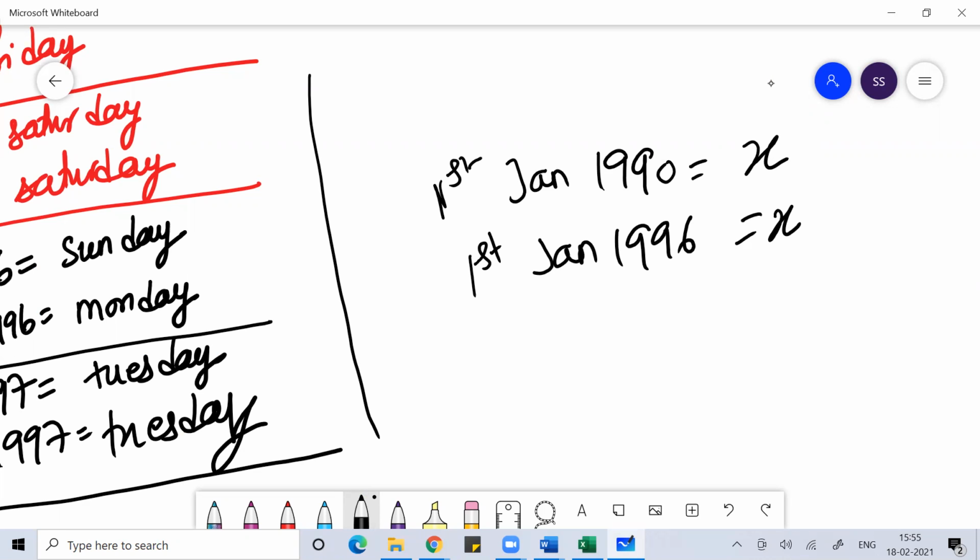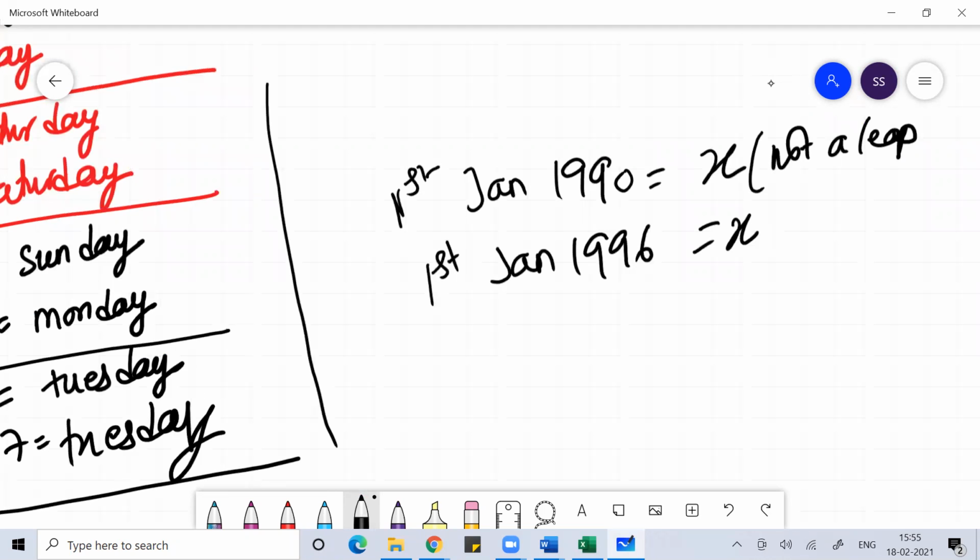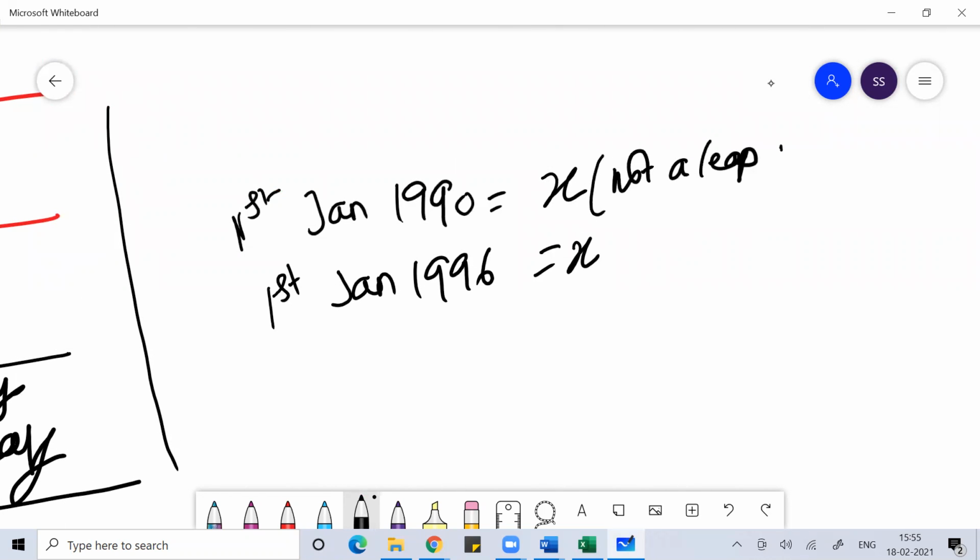But you need to understand the fact that 1990 is not a leap year. 1990 is not a leap year, but 1996 is a leap year.